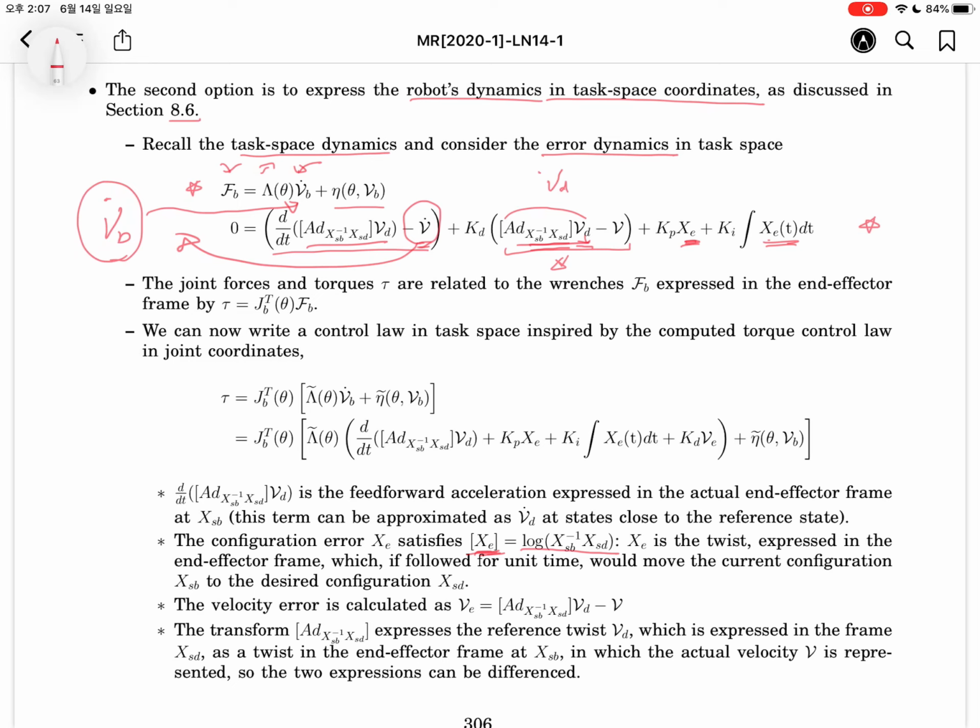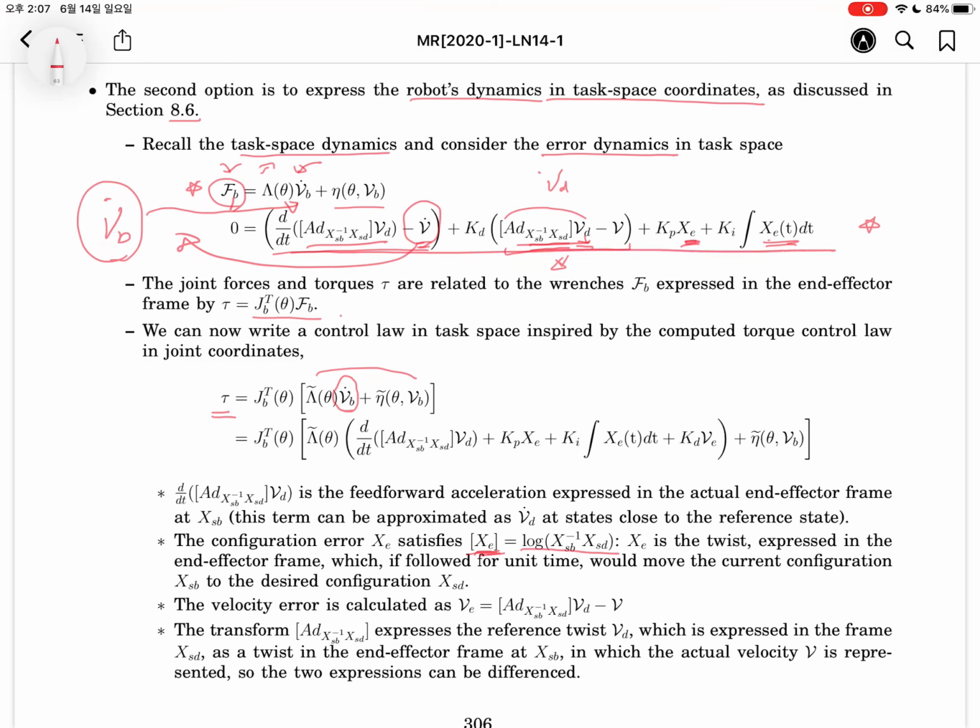So this wrench, the body wrench, will be applied to the J transpose F_b to obtain the joint torque. So this is the F_b. Here, this acceleration will be exchanged from the dynamics.